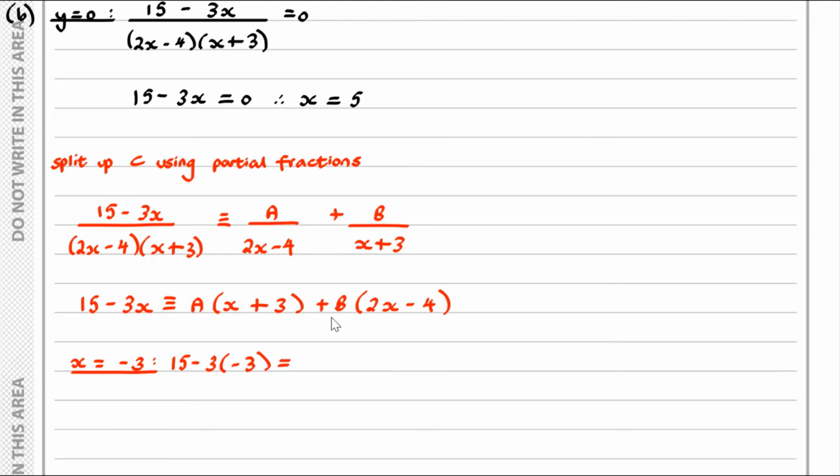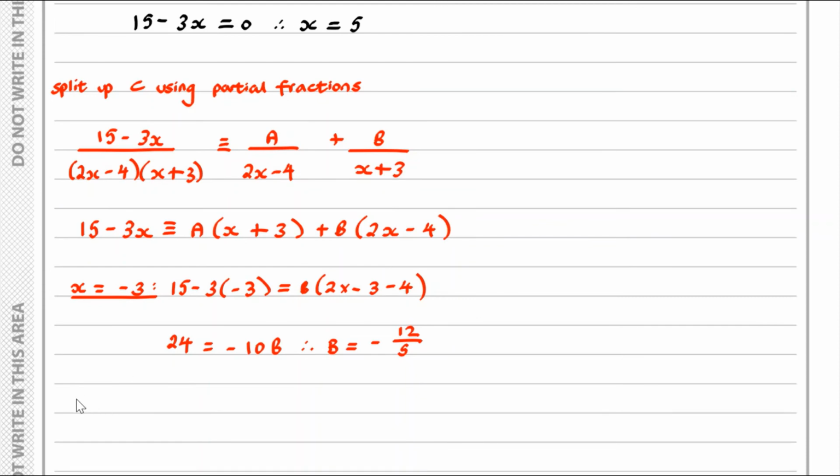This will be equal to b lots of 2 times by minus 3 minus 4. The a bracket disappears, so we have 24 equals minus 10b, and therefore b, that's equal to minus 12 over 5.